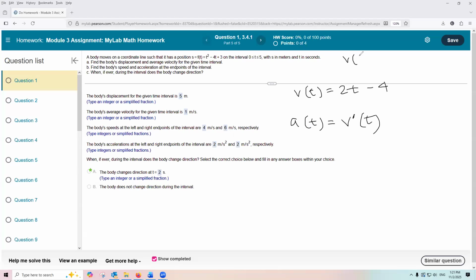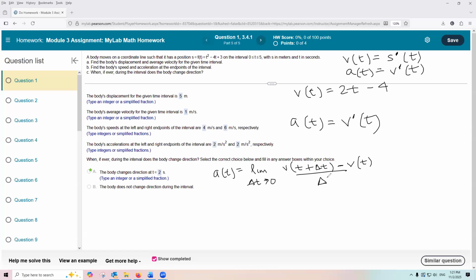So remember, velocity is the derivative of the position function, and acceleration is the derivative of the velocity function. All right, so let's go ahead and set up the same kind of limit process. So this is going to be the limit as delta t goes to 0, v of t plus delta t minus v of t all over delta t.